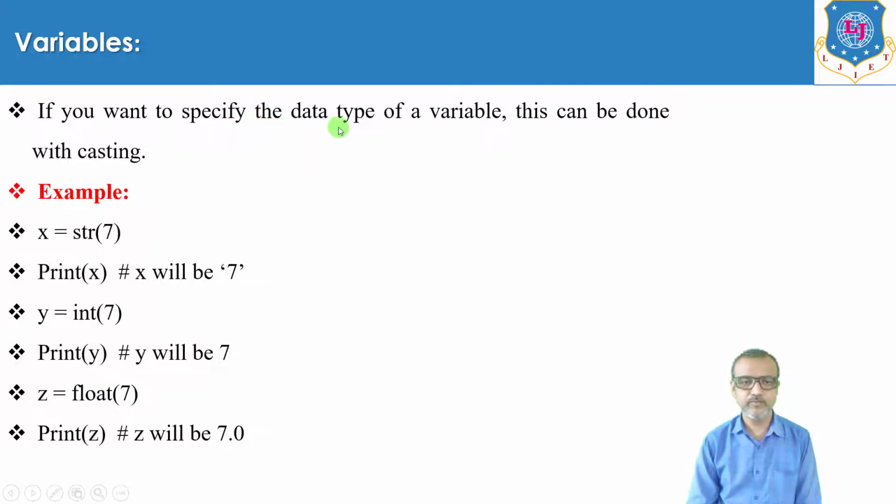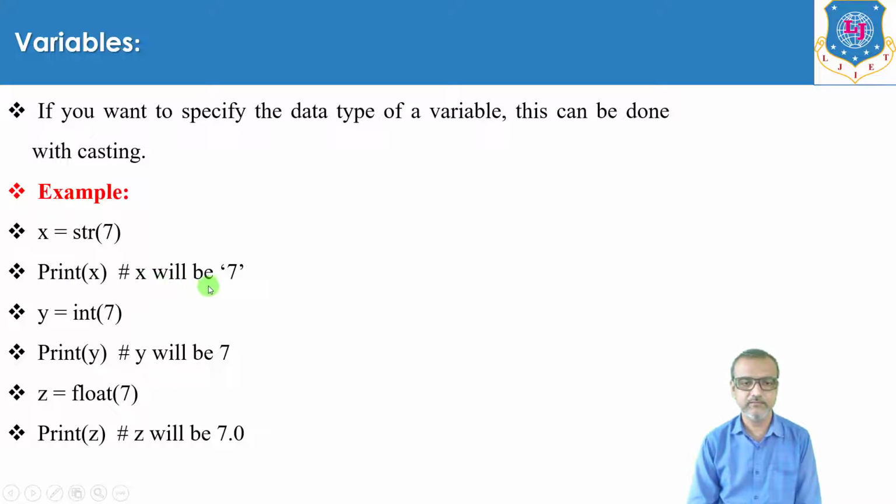If you want to specify the data type of a variable, this can be done with casting. How? I will make you understand with the help of an example. See, x equals to str of 7. Now 7 is an int value, and here we have written str. Now this 7 will be converted to string data type. If I write print of x, what will be the value of x?